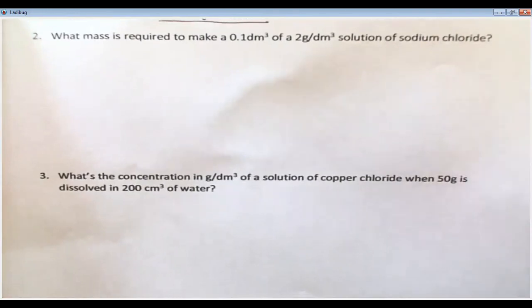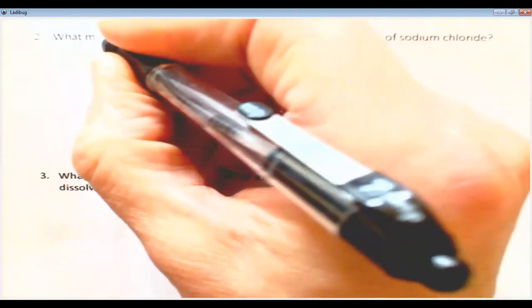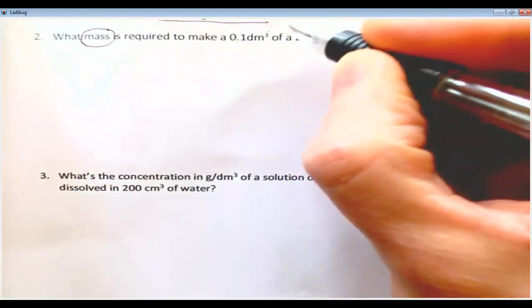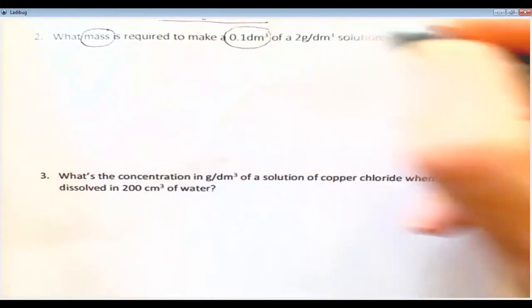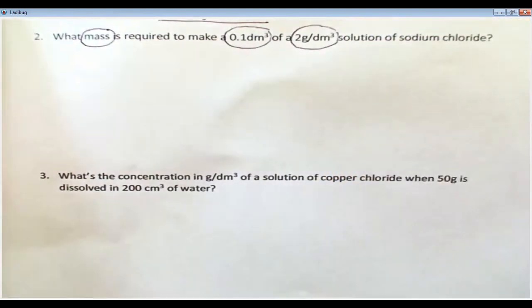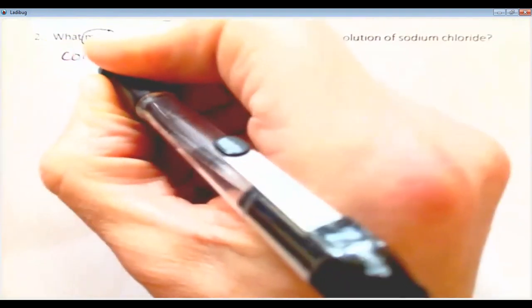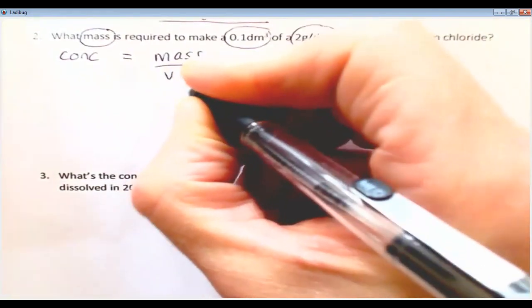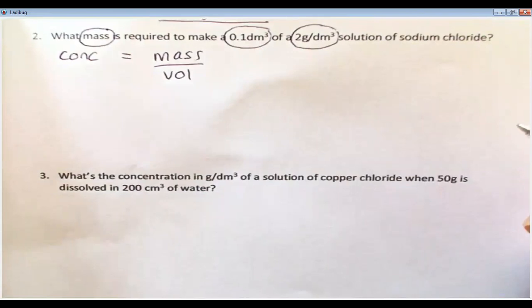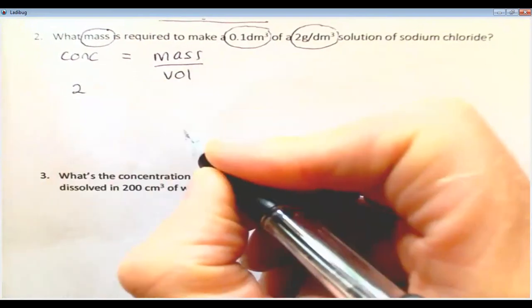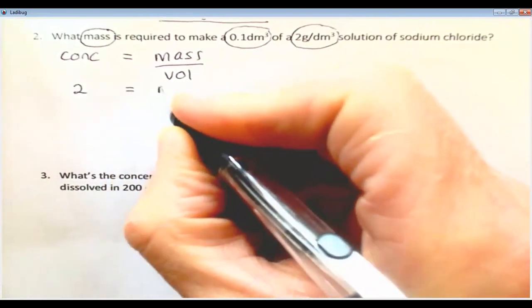Question 2 says, what mass is required to make 0.1 decimeters cubed of a 2 gram per decimeter cubed solution of sodium chloride? And straight away, the very first thing we do is just get the equation down. Conc equals mass divided by volume. And then we put the numbers in the right place. So the concentration in the question is 2. And that equals, well, the mass, we don't know.